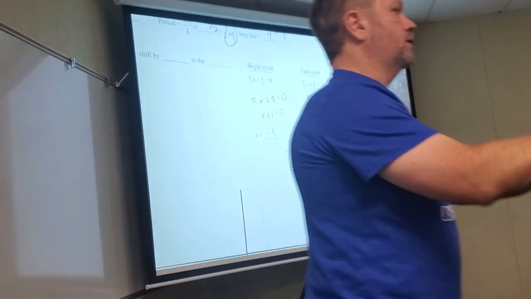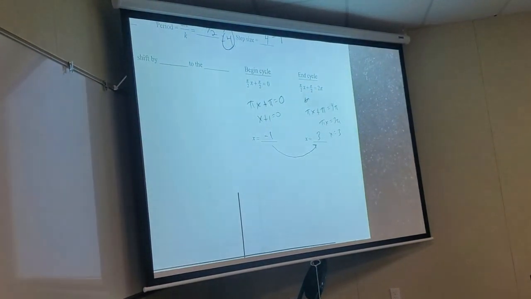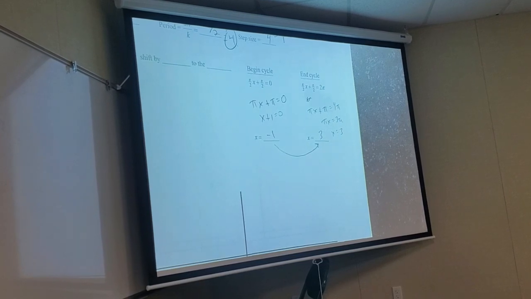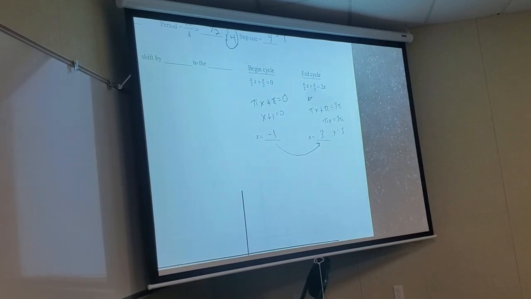There is no reason it should. If I start at 5 and my period is 7, so it takes 7 to get through a full cycle, where would I end? 12. Is that cool? Yeah.